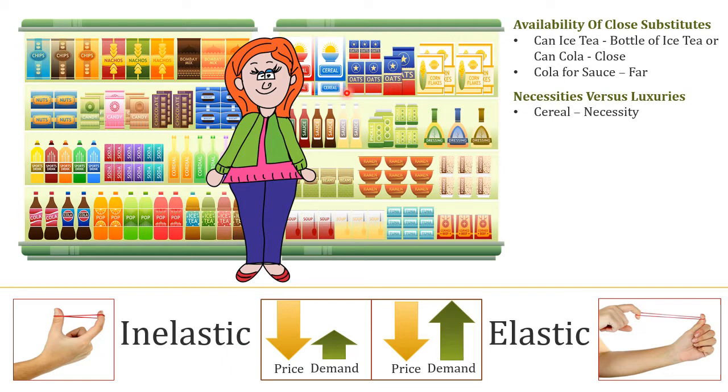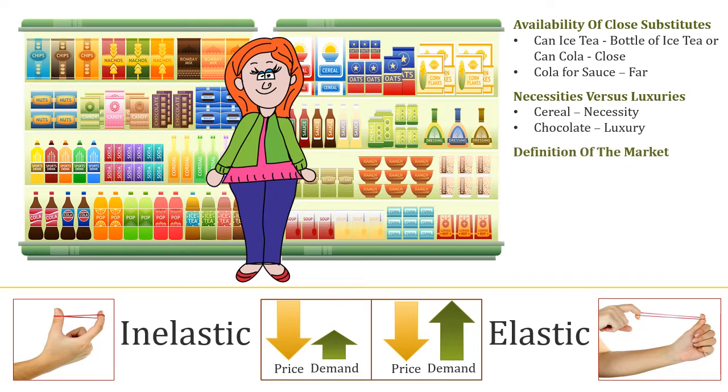Maybe she'll even buy oats, but she can't leave the store without it. Whereas the chocolate over here, well, that's a luxury item, and she could leave the store without it if the prices have gone up too far. In fact, if the price of her cereal went up, which is a necessity, she might not have money for her chocolate. So, necessity versus luxury.